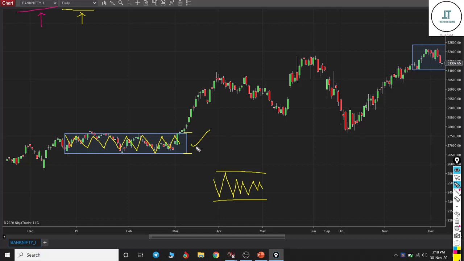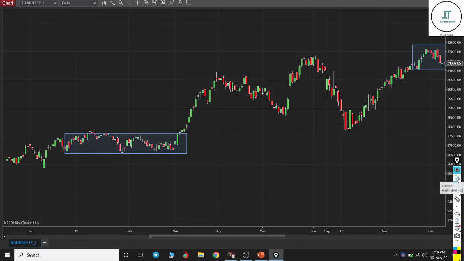Now, once we have found the range, the second step is that this price range should be a minimum of 2.5 to 3 months. If these rules are satisfied, next we move forward to look at which side price is breaking, either towards upside or towards downside.